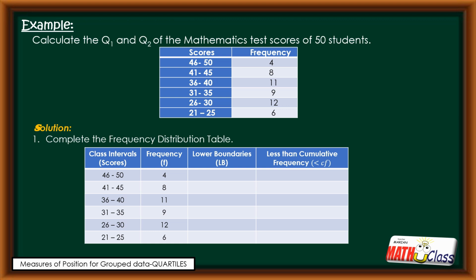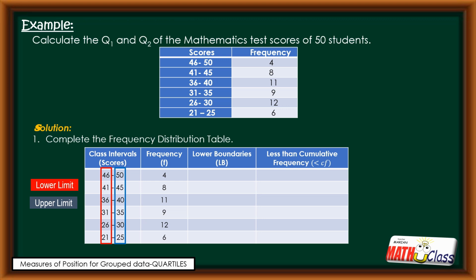But before that, let us get to know first what a class interval and frequency are. Class interval is the difference between the upper class limit and the lower class limit. Highlighted in red are the lower limits, while the part highlighted in blue are the upper limits. So in the class interval of 46 to 50, the lower limit is 46 and 50 is the upper limit, and so on.